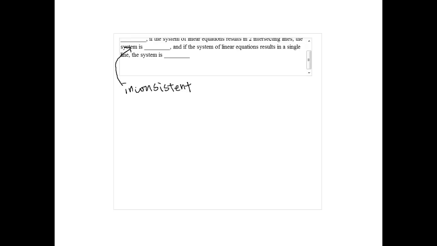If the system of linear equations results in two intersecting lines, the system is consistent. And if the system of linear equations results in a single line, the system is dependent.